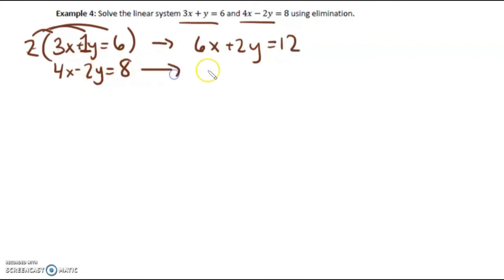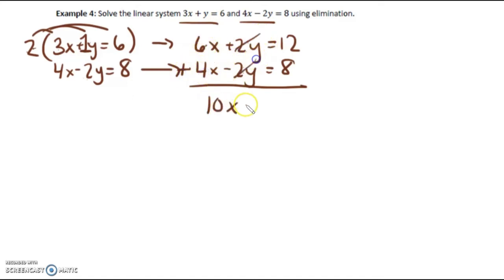Now we're just going to bring over this second equation. And now we have a 2y and a -2y. Because these are opposite operations, we're actually going to add these equations. 6x plus 4x, I get 10x. The y's cancel. And 12 plus 8, I get 20.